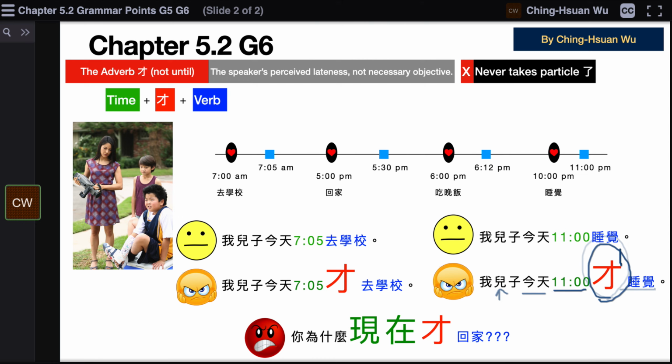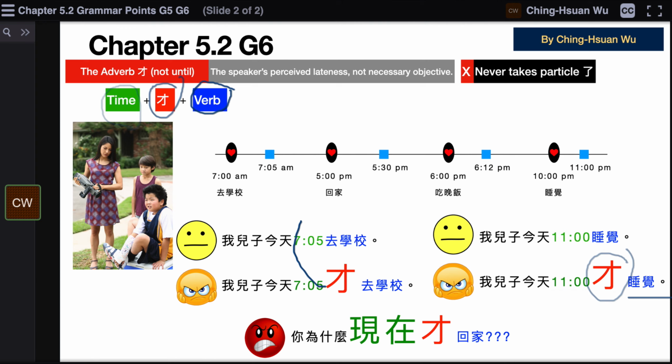One word, 才, can express frustration and then the lateness. As you can see here, we have time here. And then 才, like here. And then verb, 睡觉, to sleep.